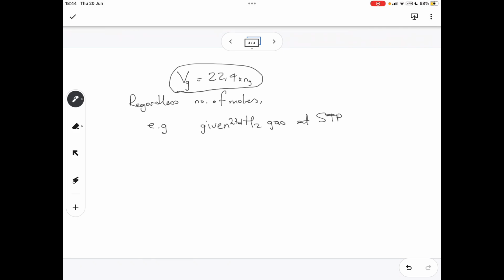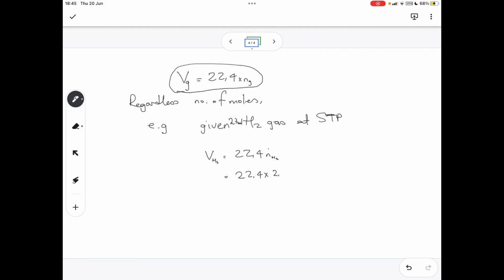Then the volume of hydrogen gas at standard temperature and pressure would be the 22.4 dm cubed times the number of moles of hydrogen gas.